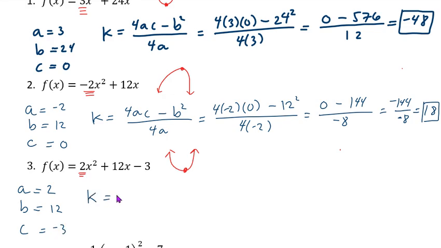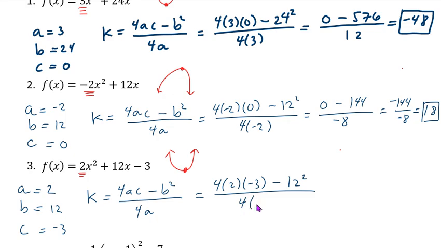Using the formula 4ac minus b squared over 4a, we have 4 times 2 times negative 3 minus 12 squared, all divided by 4 times 2. So this is 4 times 2, 8. 8 times negative 3, that's negative 24.